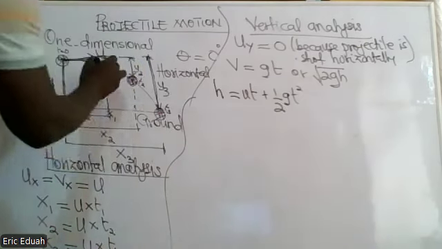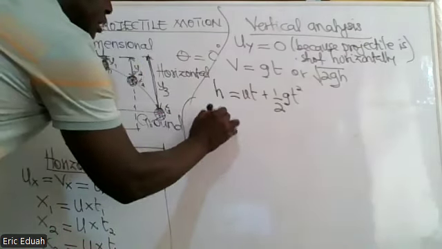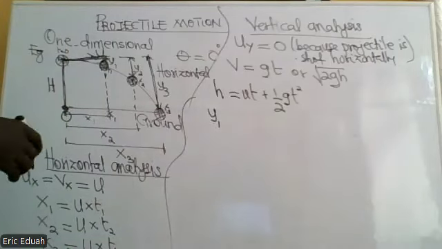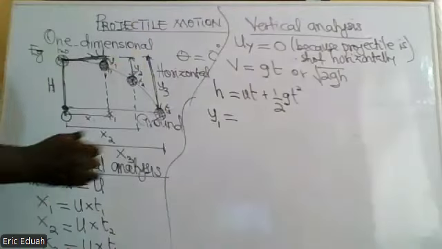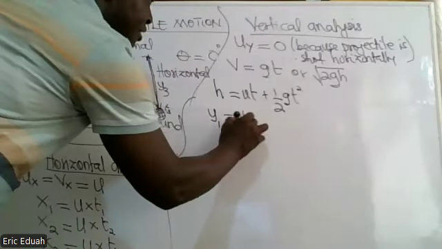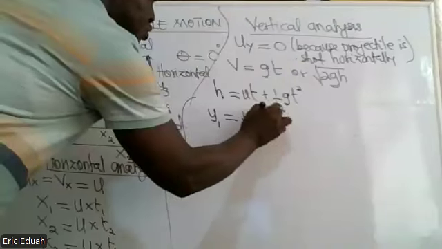So if you want y1, which we can also call h1, y1 will be, because u is 0, half gt squared.